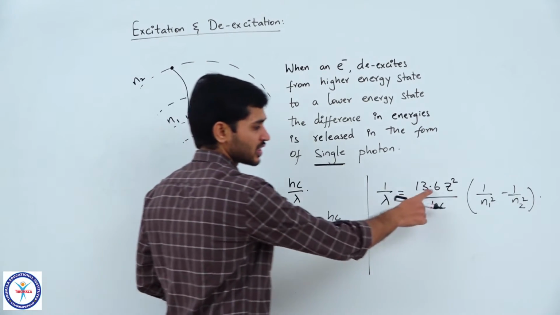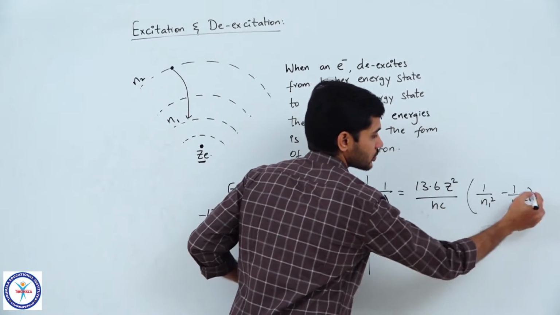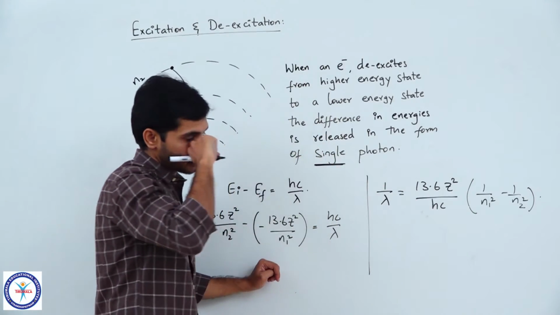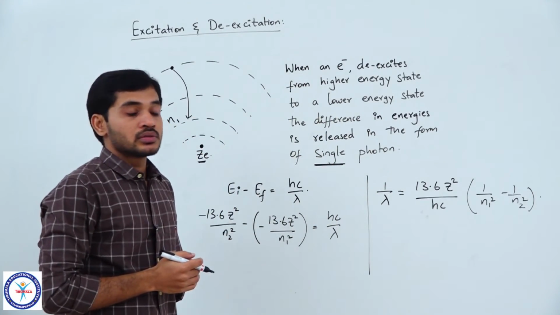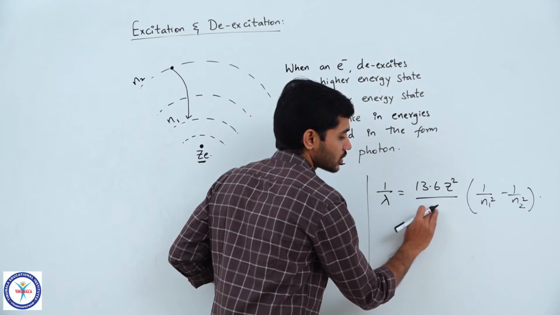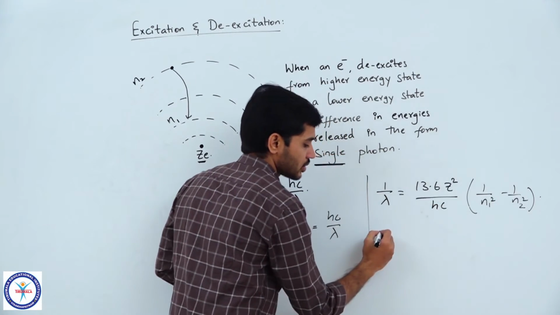So this 13.6 here is in electron volts, and you already know the value of hc. So I can also substitute the value of hc in electron volts. Okay, I'll write that in the next step.